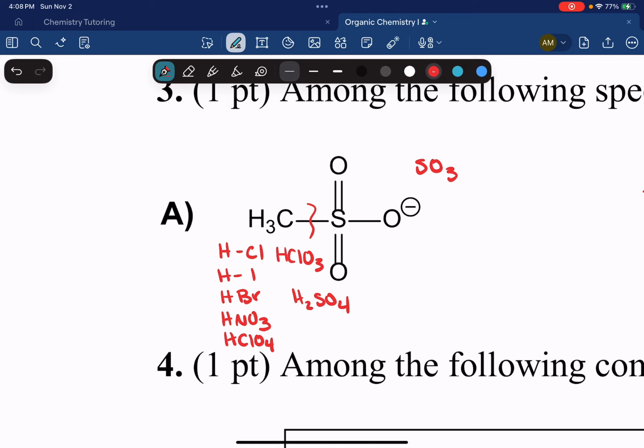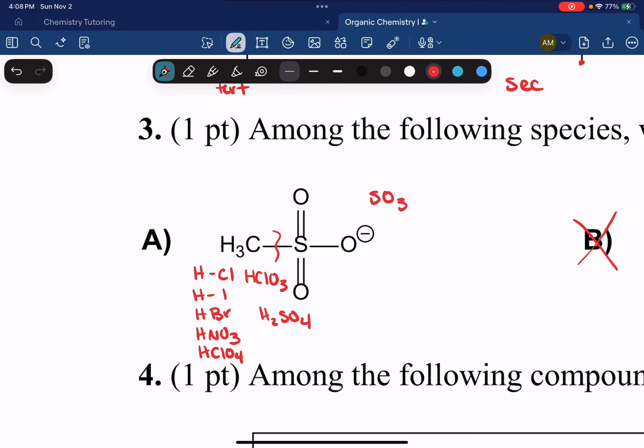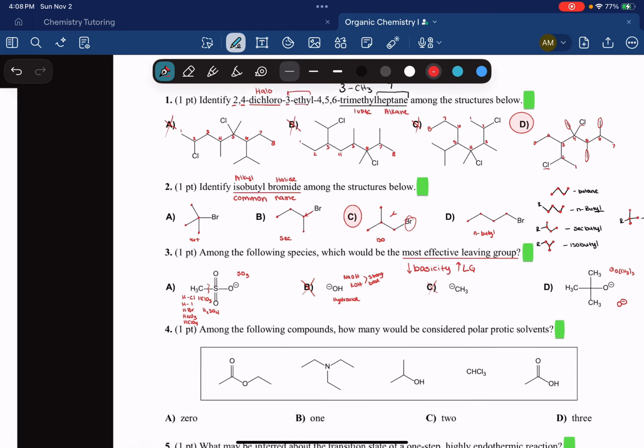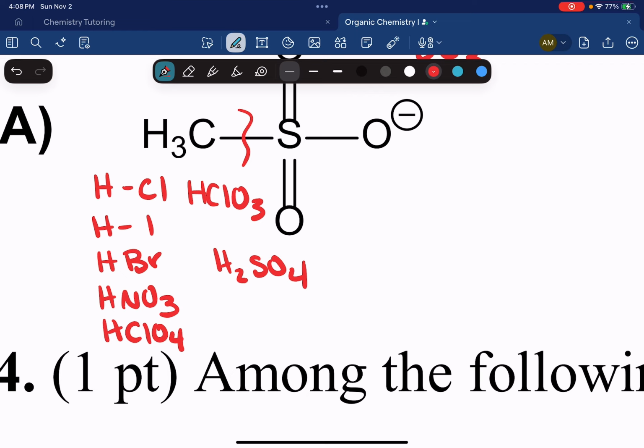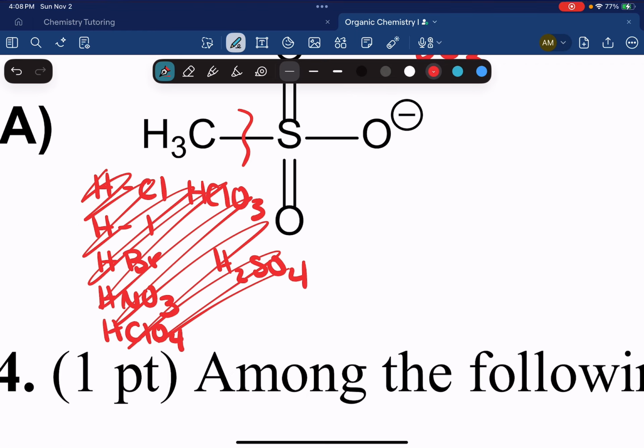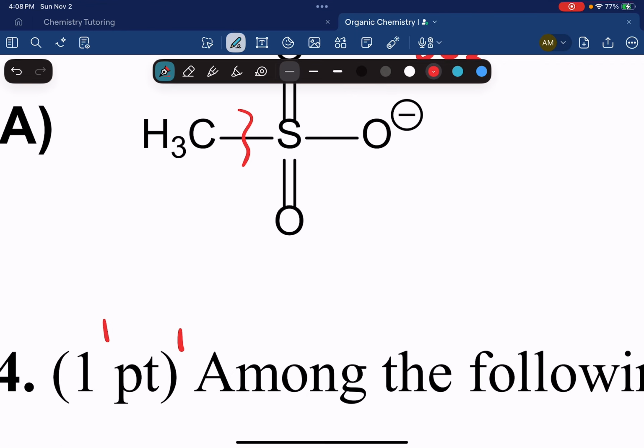Gosh, I thought I was going to make a really good point here. This is SO3. So we're actually going to disregard that because it's not the conjugate base of a strong acid.